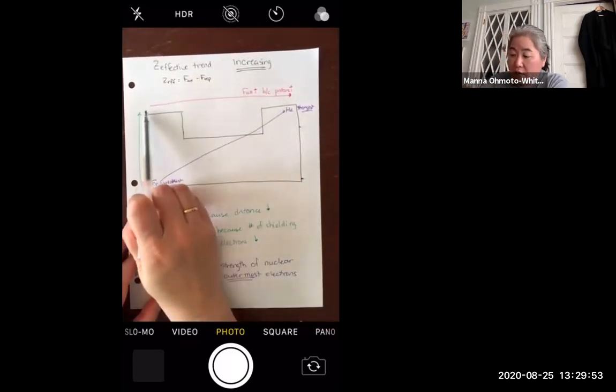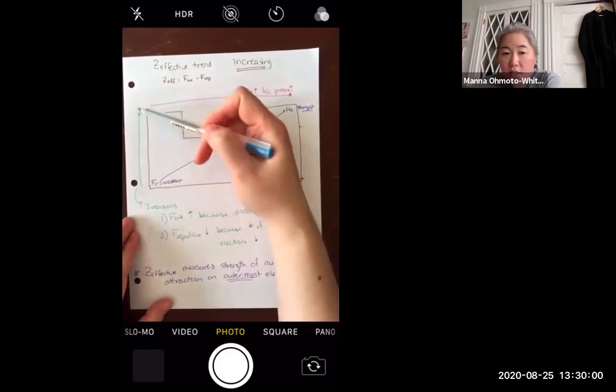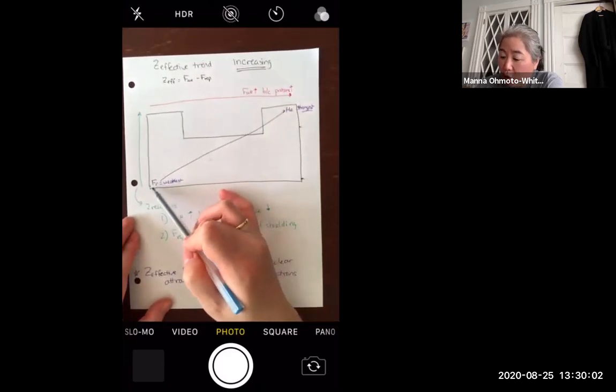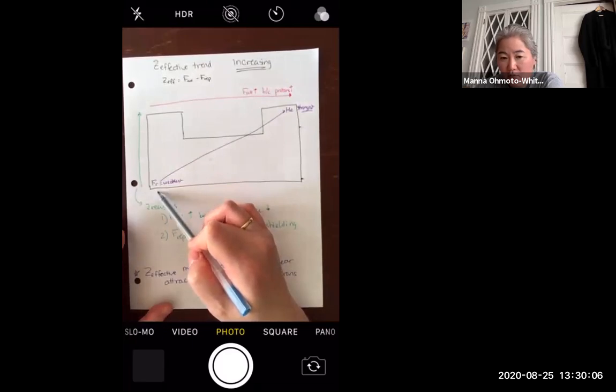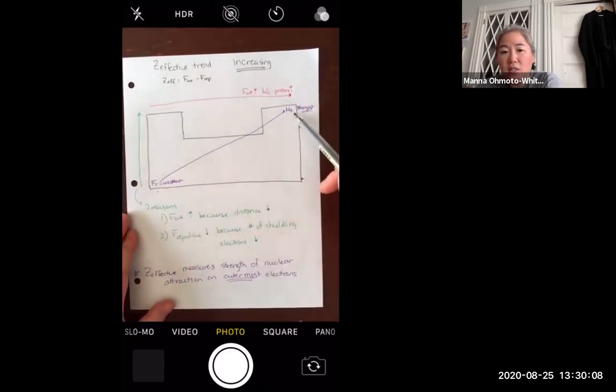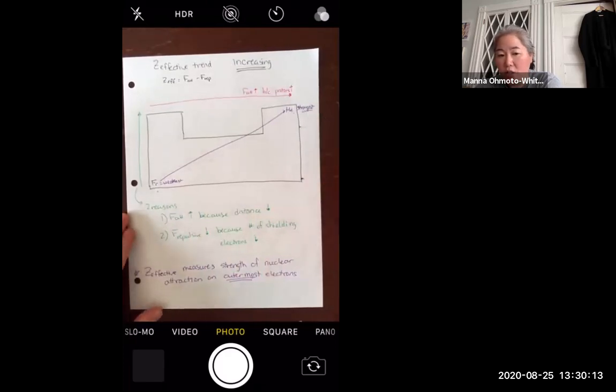And my F attractive also increases this way because the number of protons increases. So these, again, are both vector quantities. I can then say that overall, francium is the weakest element as far as Z effective, and helium is the strongest.